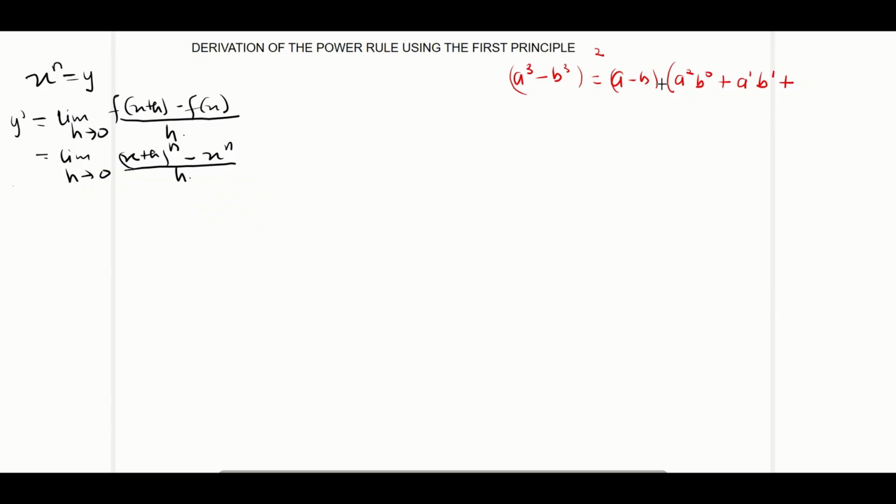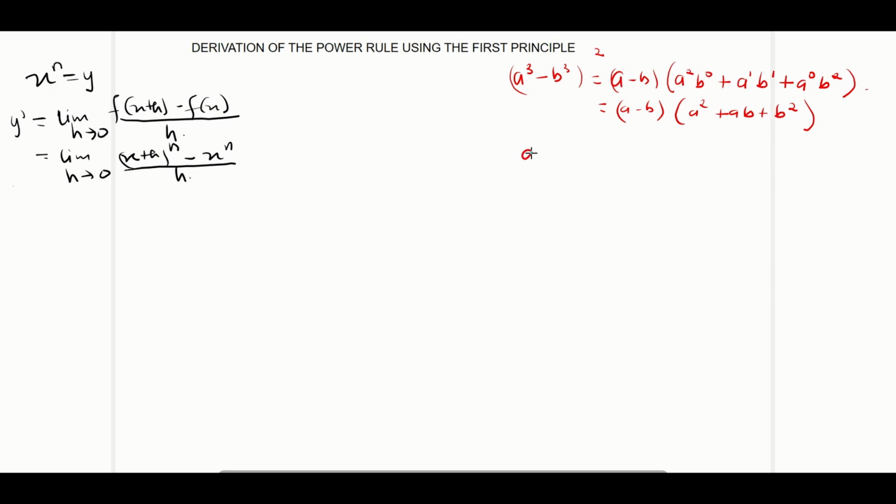Then in the third term, a meets its least power, 0, and b meets its highest, 2. By that, we have a minus b times (a squared plus ab plus b squared). So this is the expansion.